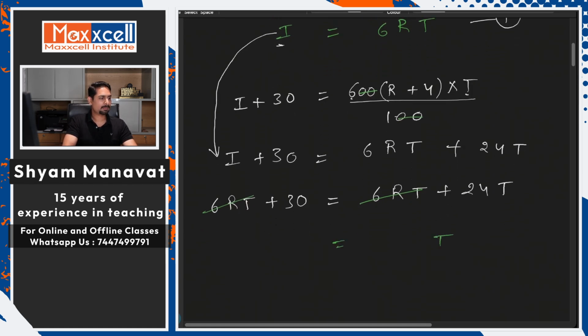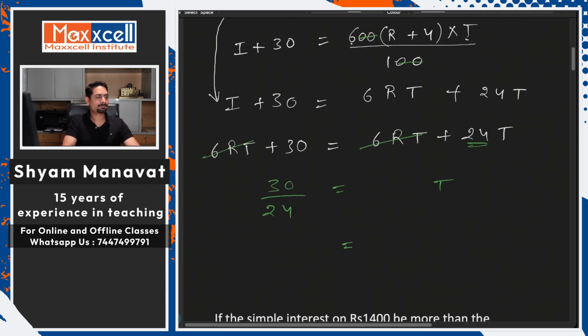So what is T? T is nothing but 30 by 24. I take this 24 to the other side; 24 is in multiplication, it will go to division if you change the side. Simplify, what do you get here? Can I cancel by 6? Yes. 6 5s are 30, 6 4s are 24. 5 by 4, divide.